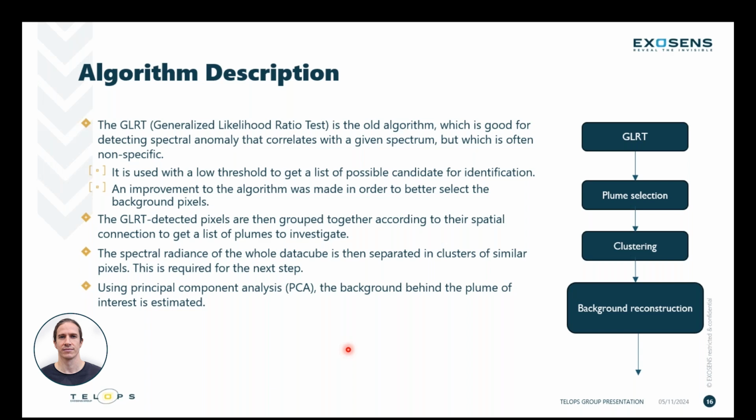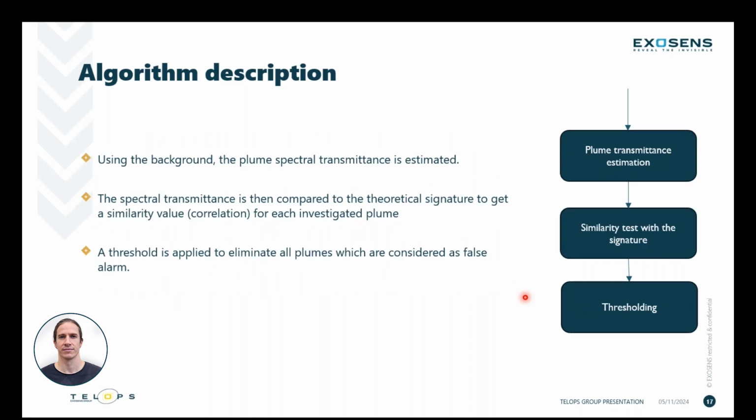With each plume, we try to compute the background radiance. We do that with a principal component analysis of the background, and so we reconstruct the radiance that would have been behind the plume of the gas that we're looking for. We can go to the next slide. Oh, do I have control? No, okay.